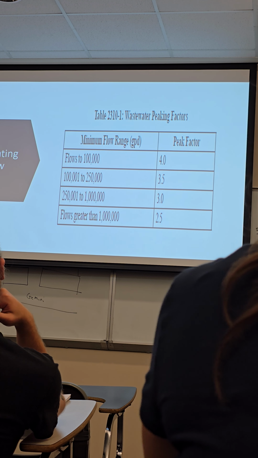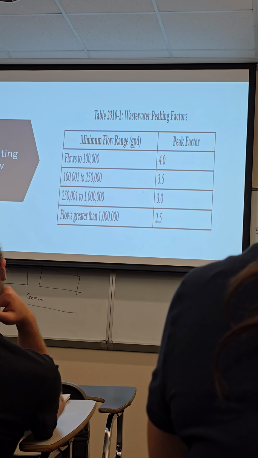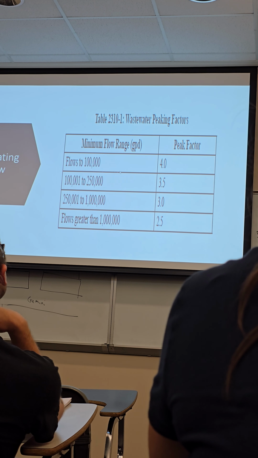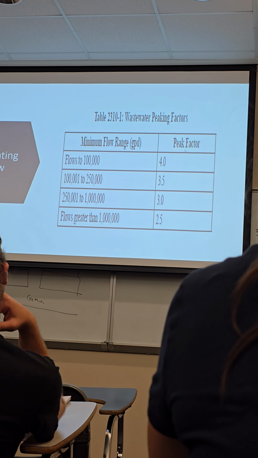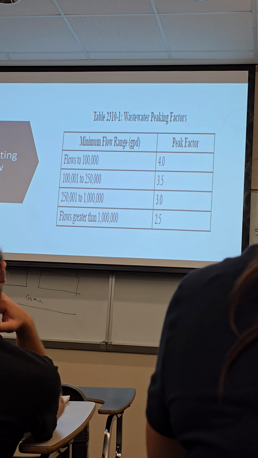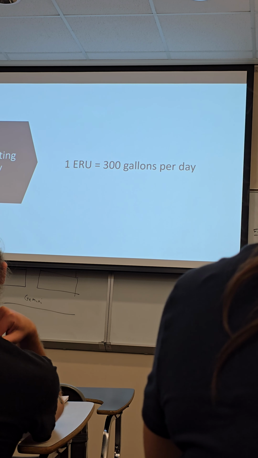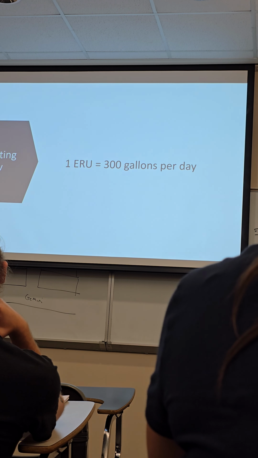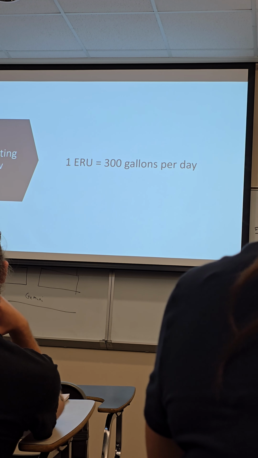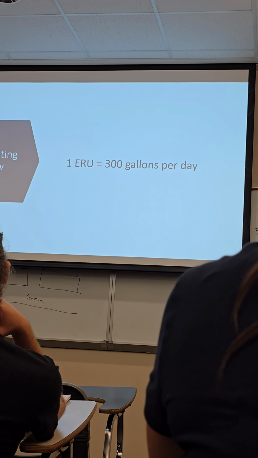So in Orange County, for peaking factor, there's a table which is very blurry, but we have a very low flow, so we're going to use a peaking factor of 4. That's our peaking factor. An ERU, what I would think of that as is, for a residential unit, how much wastewater flow do they produce in a day?